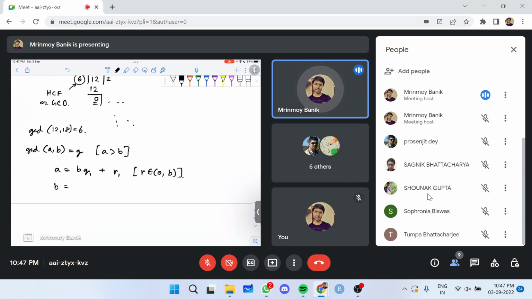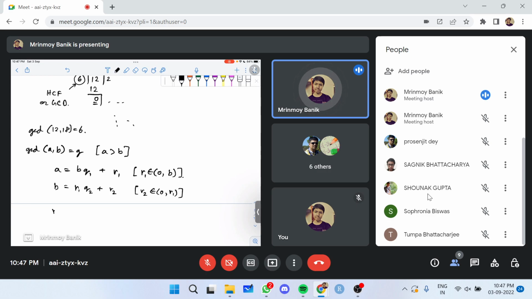And then you write B is equal to R1 Q2 plus R2. Similarly, R2 is between 0 and R1.